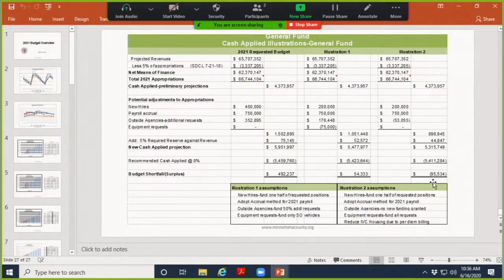So maybe the first point of discussion is if everyone's comfortable with an 8% cash applied. Questions about that? Concerns? Commissioner Penniga, it looks like there's a thought just waiting to come out, so I'm waiting.